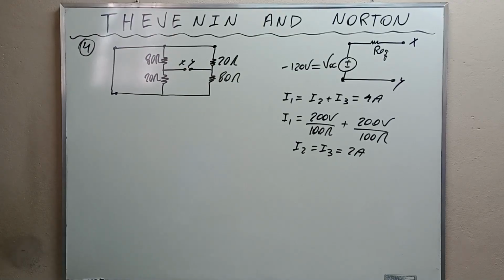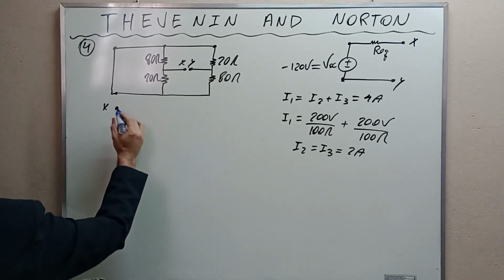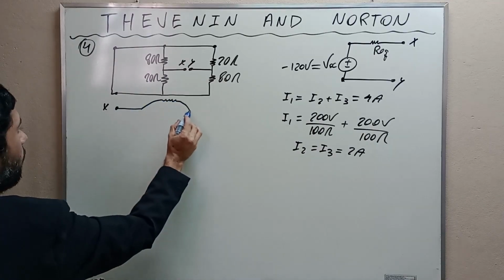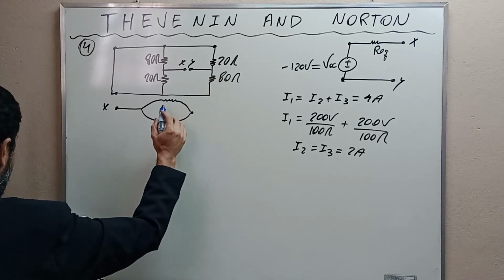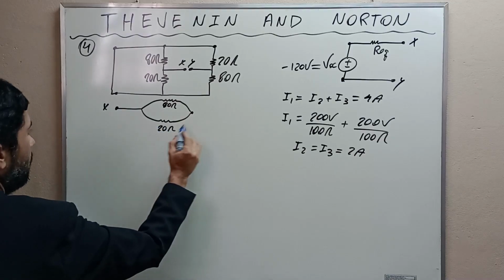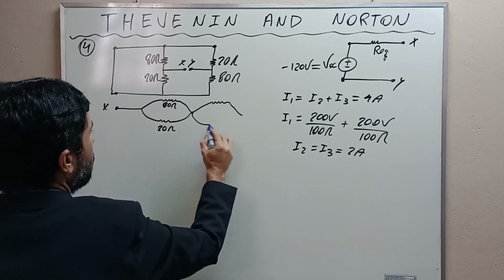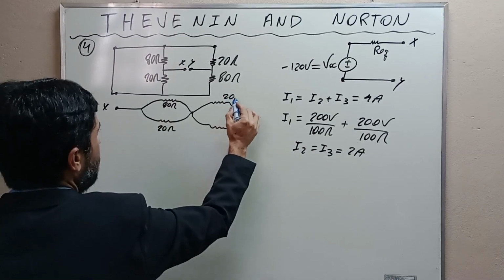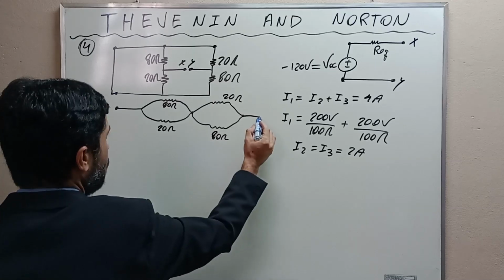Thus, we can redraw the circuit as, I'm gonna put X here, and here will be 80, here will be 20, this will be 20, this will be 80, and this will be Y.